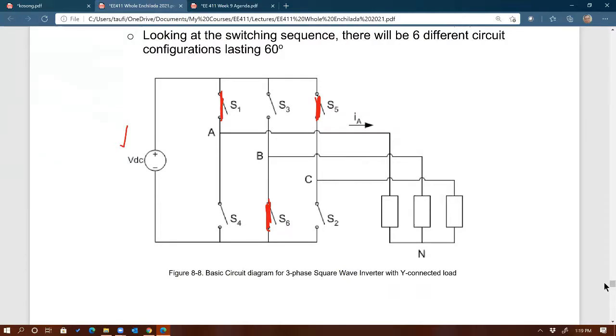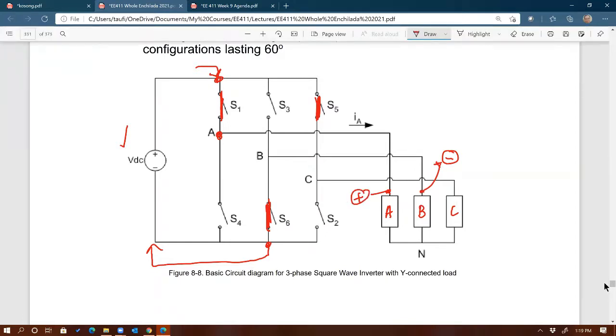Imagine if we have that. Then you can see that this is our A load, this is our B load, and this is our C. Then you can see that plus VDC is connected to A, right? And then for B is the minus VDC. Yeah, that's B. So right here, that's connected to the minus, right? A is connected to the plus of the VDC. How about C right there?